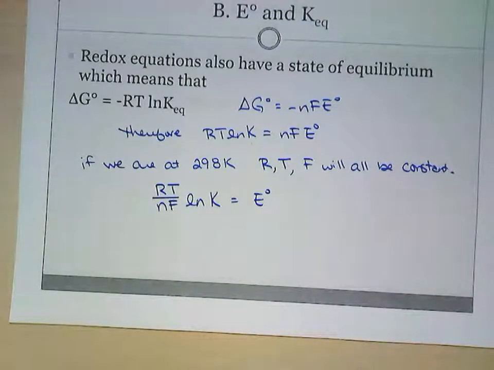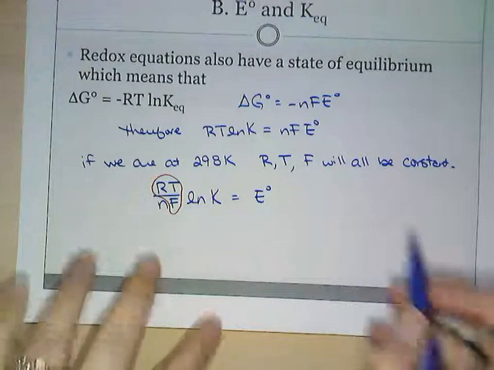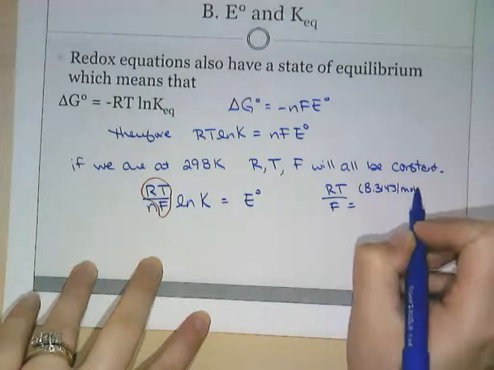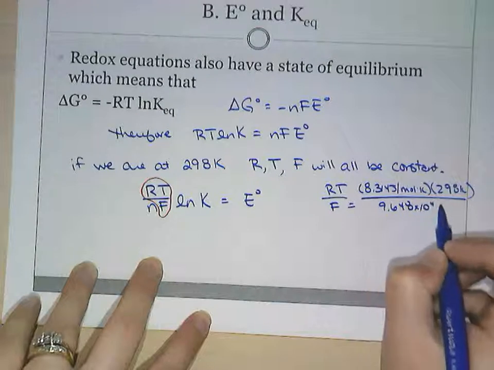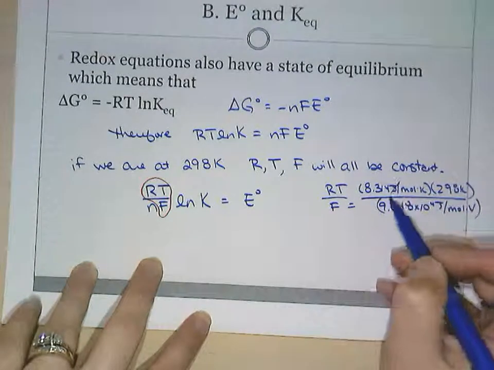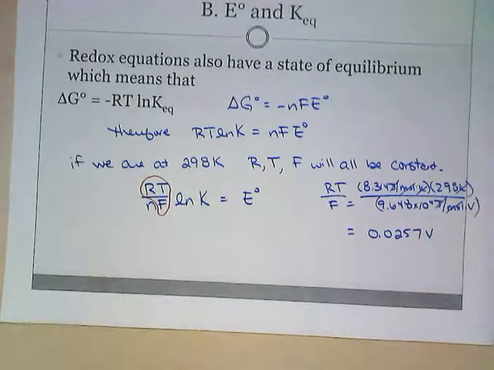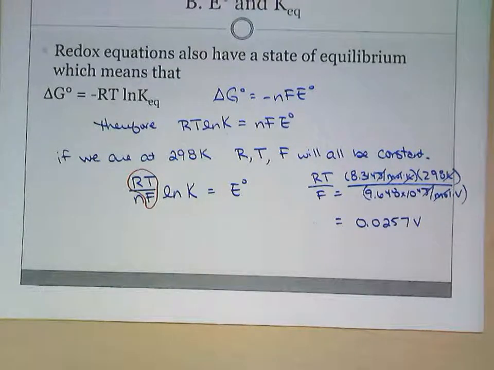ln of K. So if R, T, and F are all constants, these guys all in here, so as long as I'm at 298, those constants together will always equal 0.0257 volts, which I can now plug those numbers in to my red circled area.